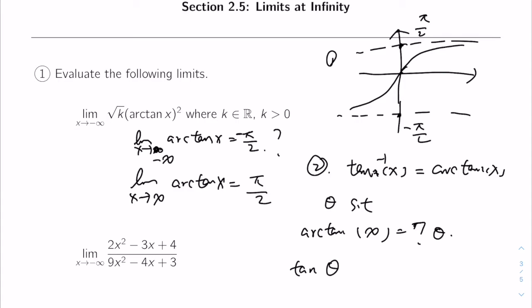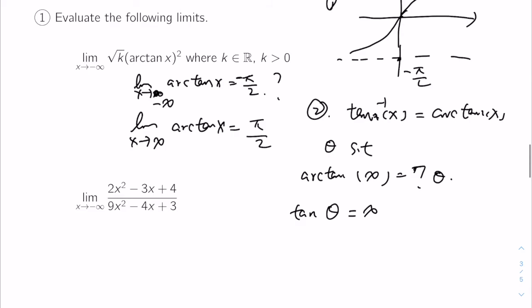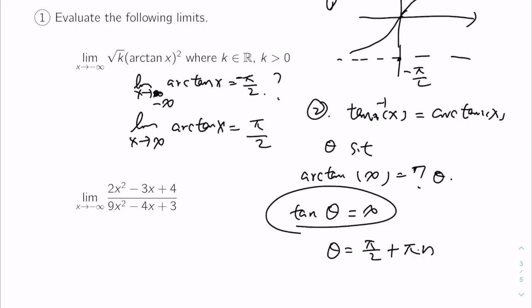That means what is the value of theta such that tangent theta is infinity in the fixed domain from negative pi over 2 to positive pi over 2. For tangent theta, we know that theta is pi over 2 plus n pi. But because the domain must be from negative pi over 2 to positive pi over 2, we know it is just pi over 2.